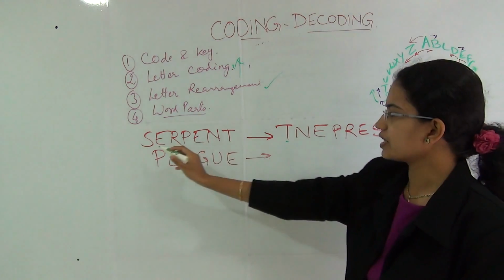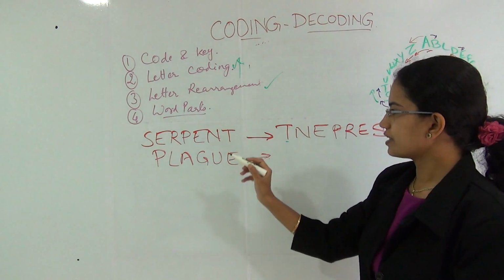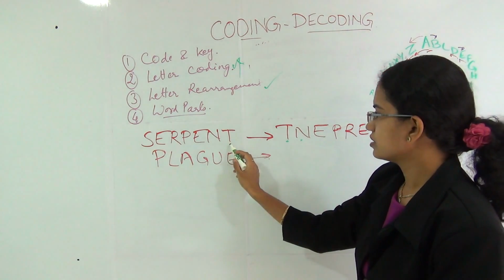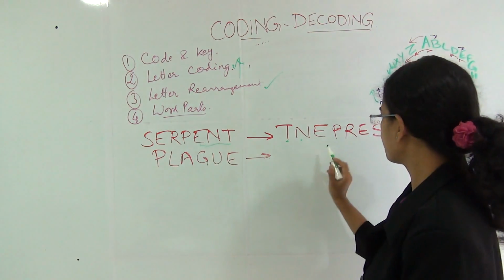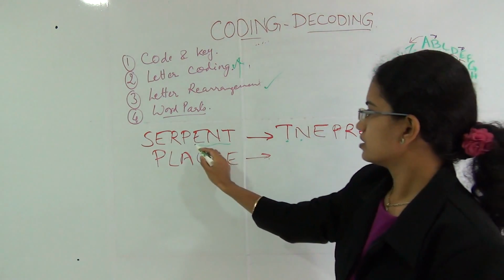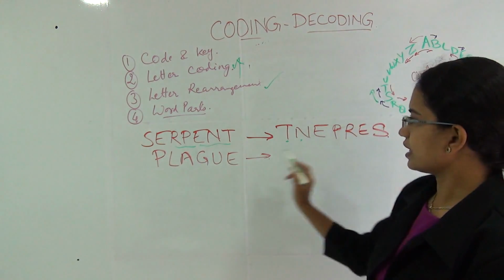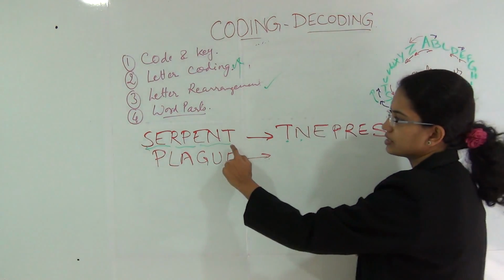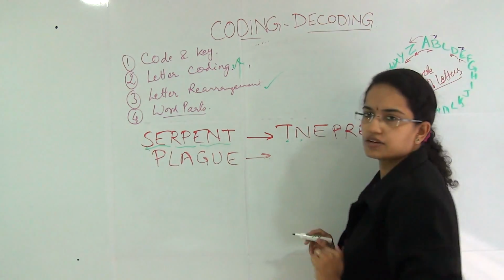So let me try to rearrange serpent. If I try to rearrange serpent, it says it is T N E, then it's P R, and E S. So what I'm doing is I am going in a reverse order.